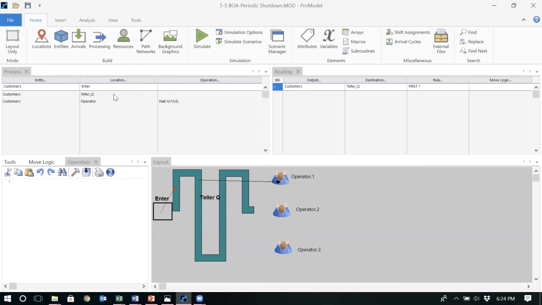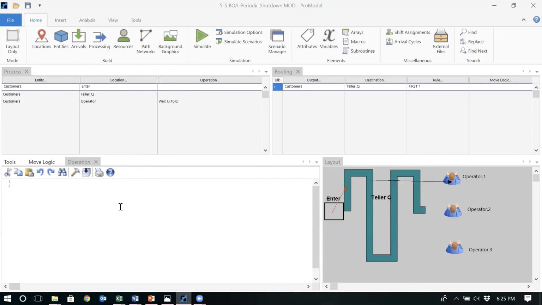Okay, so right here, when the customer comes to the entrance, we have to write the code and check the simulation time, and if we are during the break time or past 4 p.m., we should not let the customer come in.